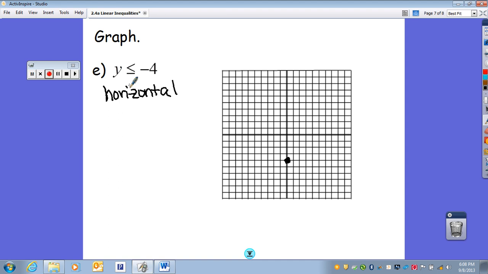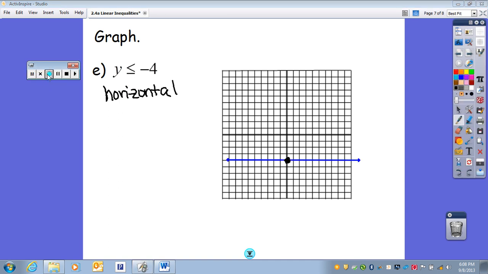It's less than or equal to, so this is going to be a solid line. We want all the values that are less than or equal to -4. Values that are less than -4 would be below the line. So we will shade below the line, meaning that all points below the line would be solutions to this inequality.